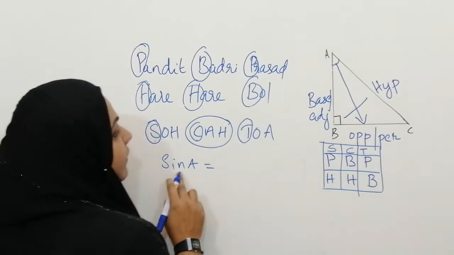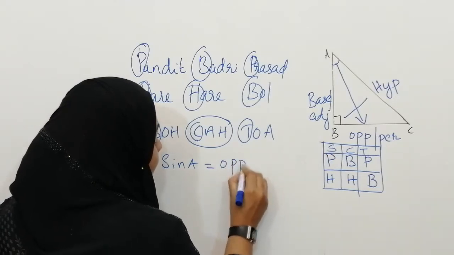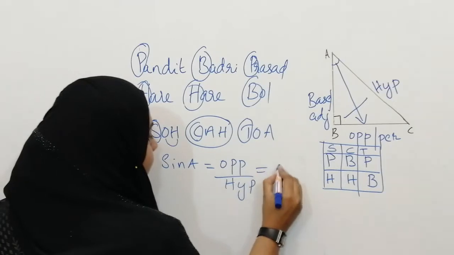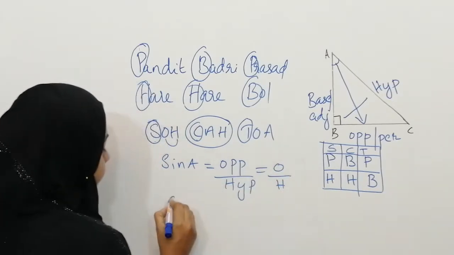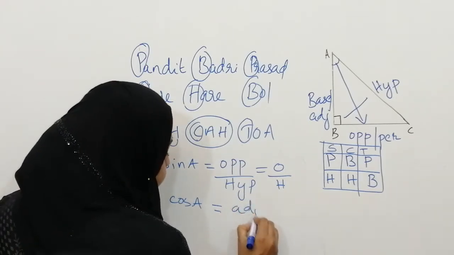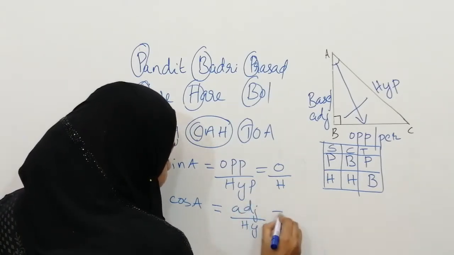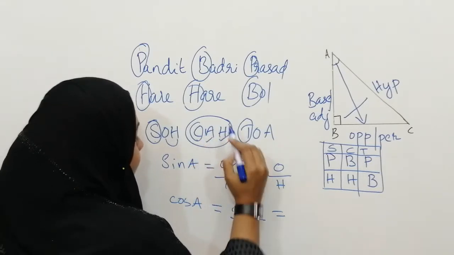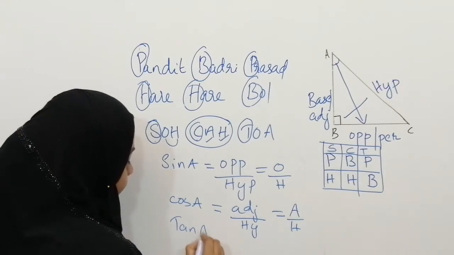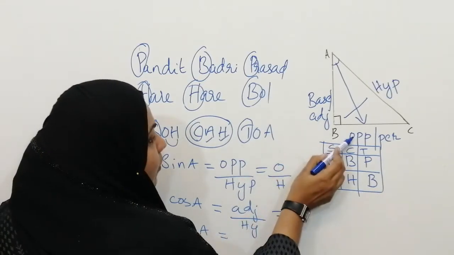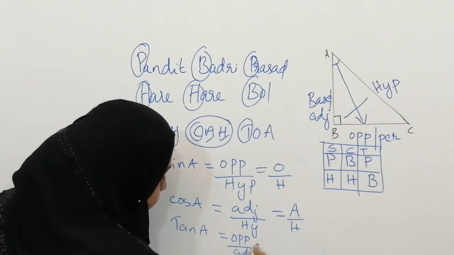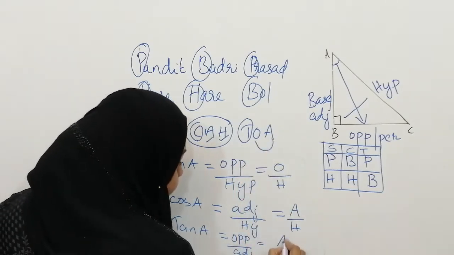Sine A is opposite to hypotenuse. Similarly, cos A is adjacent to hypotenuse. Next is tan A, that is opposite to adjacent.